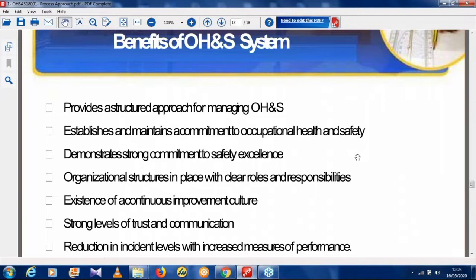All right, now, excuse me. Organizational structure in place, with what? Clear roles and responsibilities. Yes. You need to have your structure, from your organogram, your reporting line, and everything.